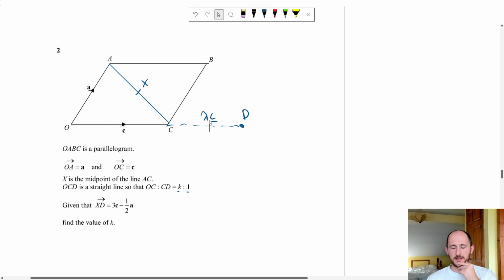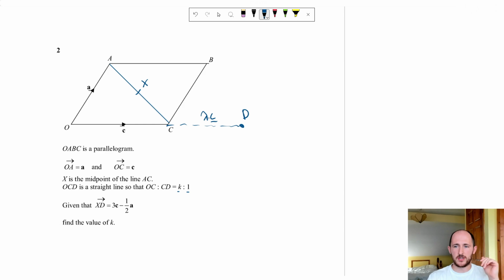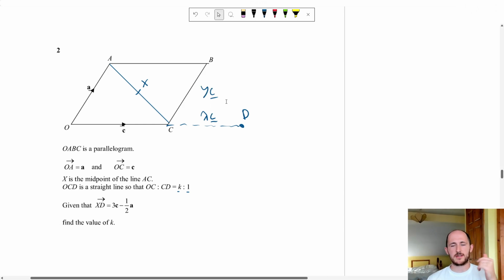Why do I use lambda? That's a really good question. At university, when I was doing vectors and all that kind of stuff, we like to use the Greek letters when we deal with it. So things like lambda, mu, etc. You will use them a lot in A level. It's just a convention. If you want, you could just name it the letter y. It really doesn't make a difference. The other reason why it can be useful is we tend to use the Latin alphabet for the actual points.